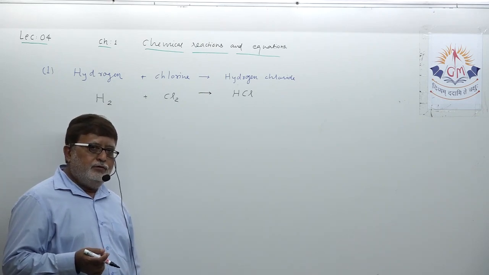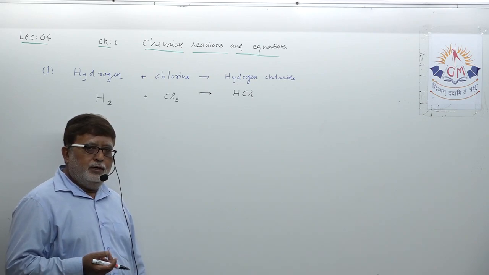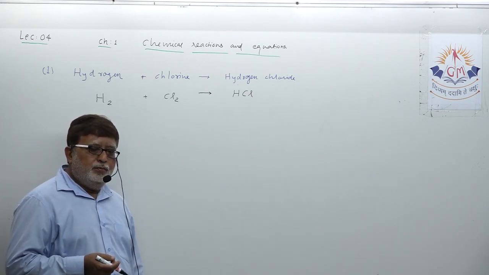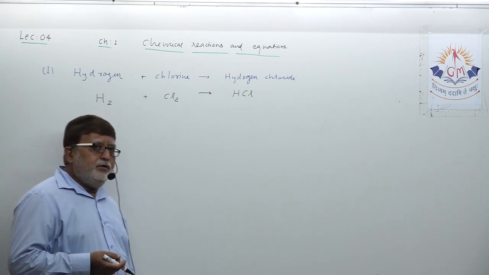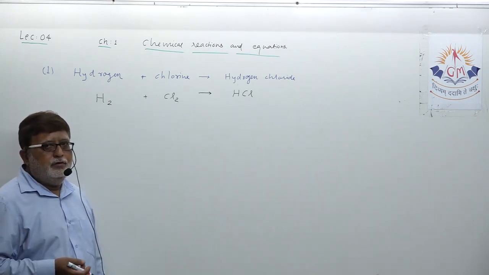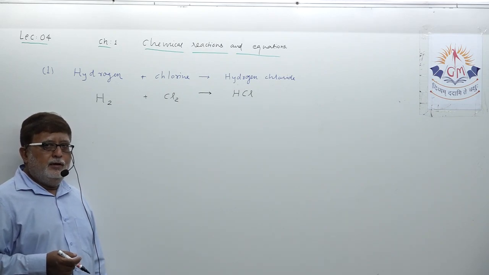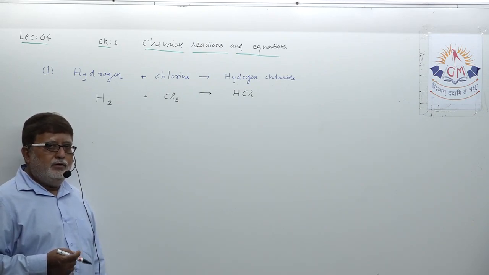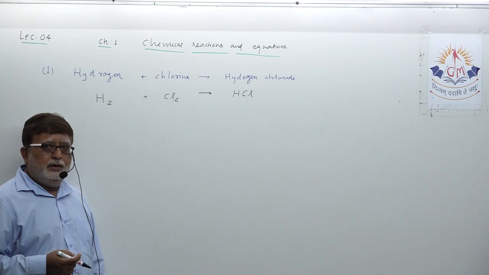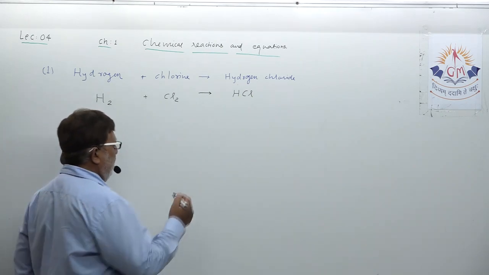So here it is not the case that you can select the compound having the maximum number of atoms. Everywhere there are 2 atoms. Then what should you do when you come across such a situation? Dear student, you should target not an element but a compound. Hydrogen is an element, chlorine is an element, hydrogen chloride is a compound. So you target the compound, okay?